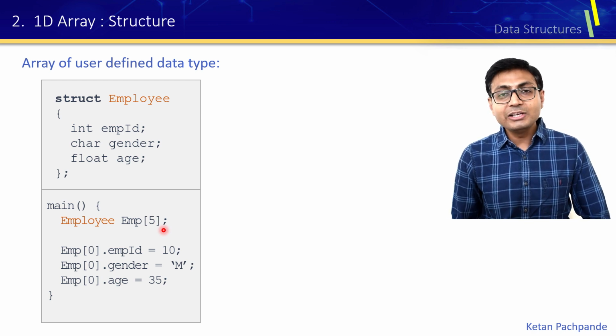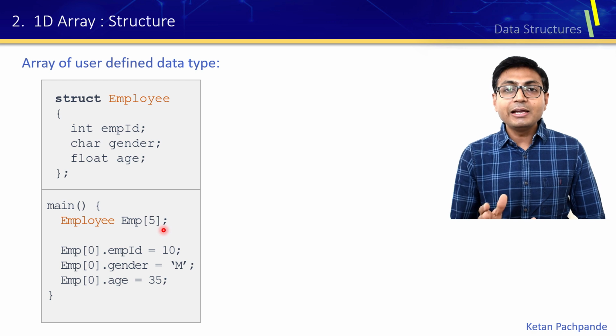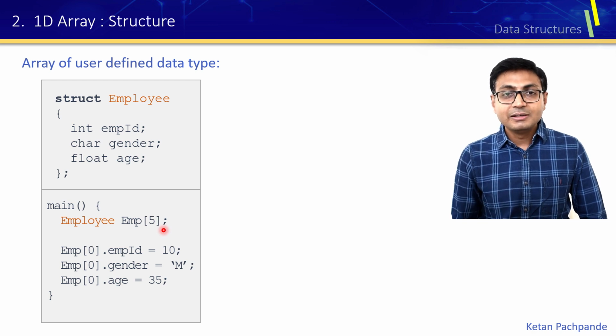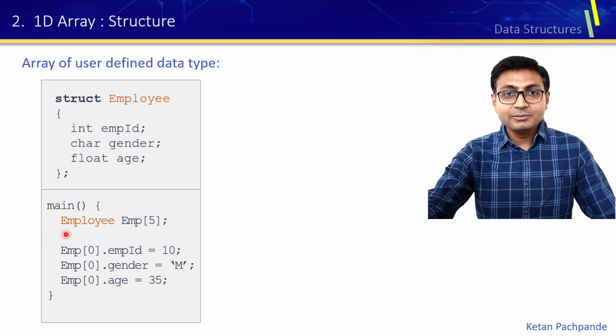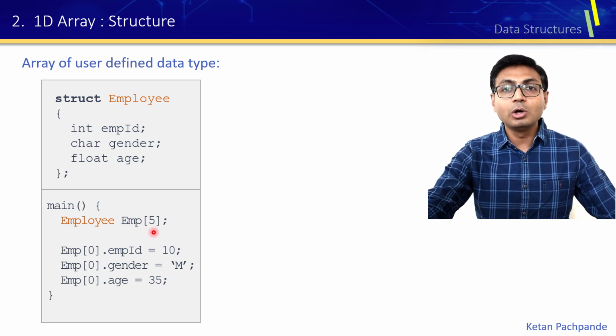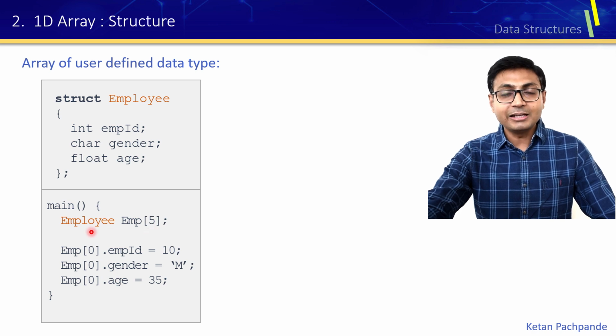Earlier we said int employeeID[5]. Int was the inbuilt data type. Now here employee is your own user defined data type, followed by the name of the array and, in the brackets, the number of elements you want to allocate of that data type.